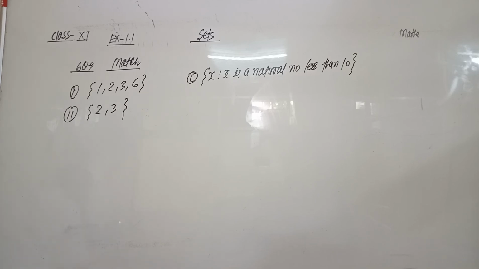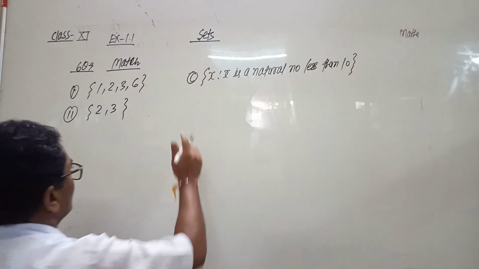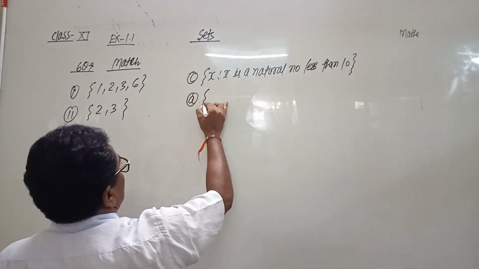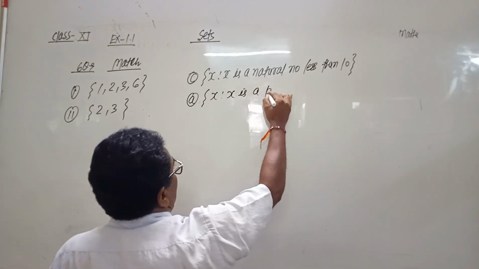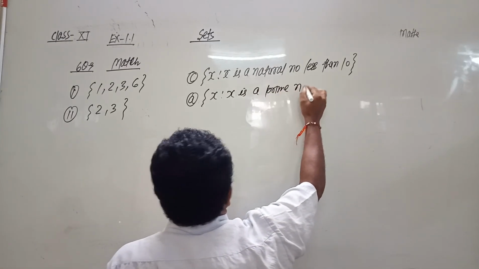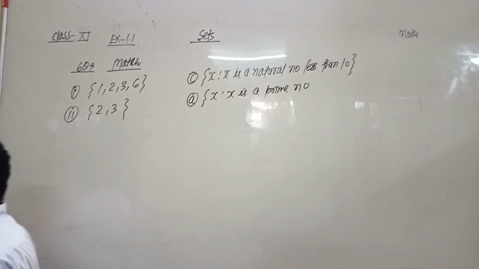X such that x is a prime number and divisor of 6. The first one is C: x such that x is a natural number and divisor of 6.